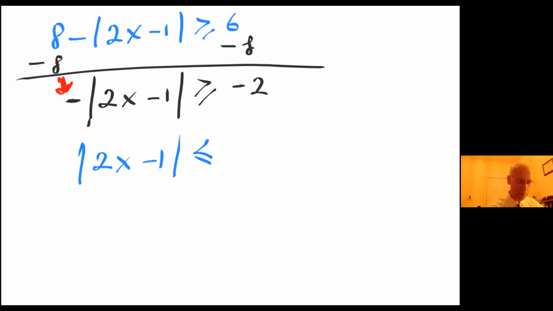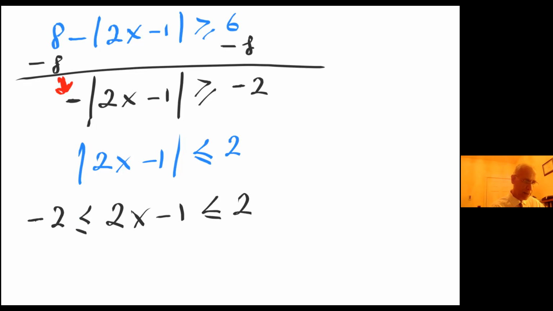So this becomes +2, since -2 times -1 is +2. Now I'm going to go ahead and claim that 2x minus 1 is between -2 and 2. And if I add 1 to all 3 sides of this inequality, I get -1, 2x, 3.